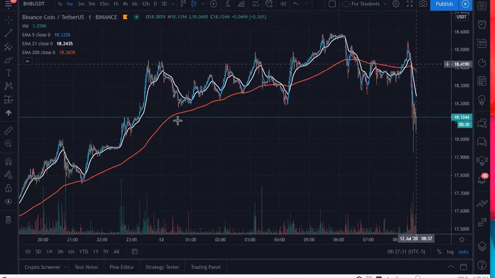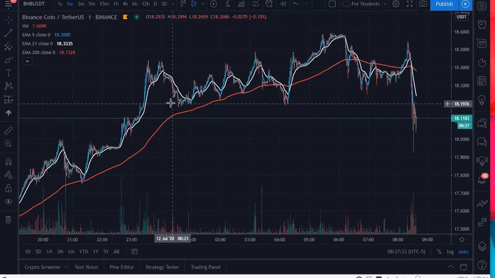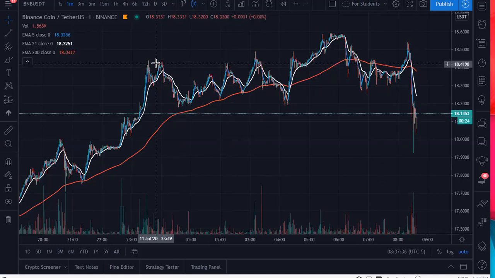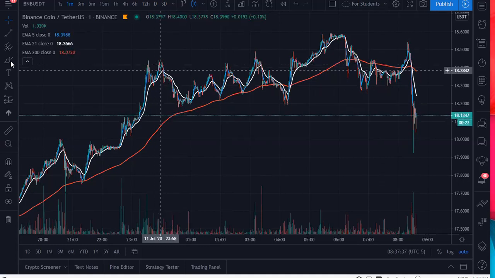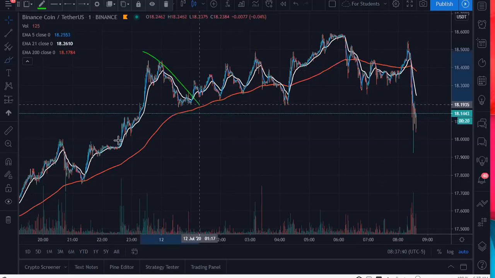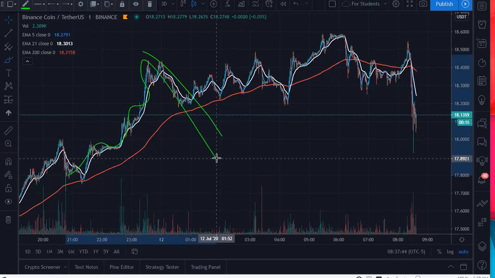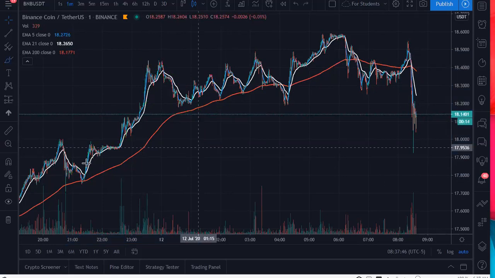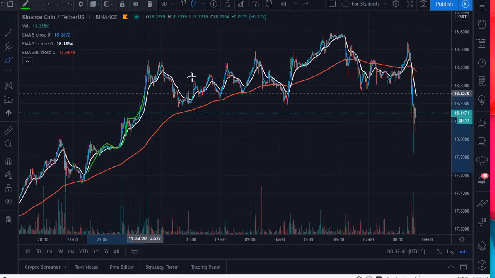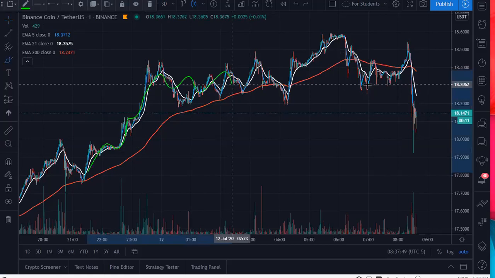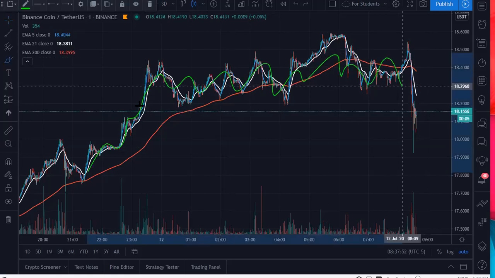Okay? So there are, once again, two types of corrections. One is a literal correction where it goes in the opposite direction. This was an uptrend correction, okay? And then there's a time-based correction where you would go sideways, as this is more or less sideways, okay?